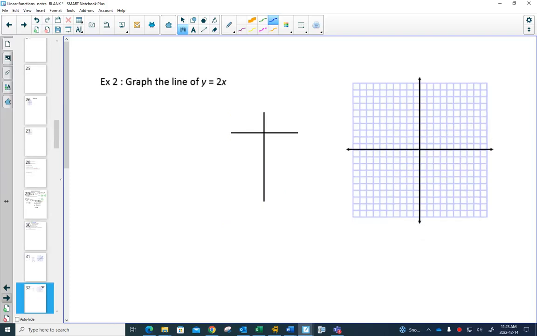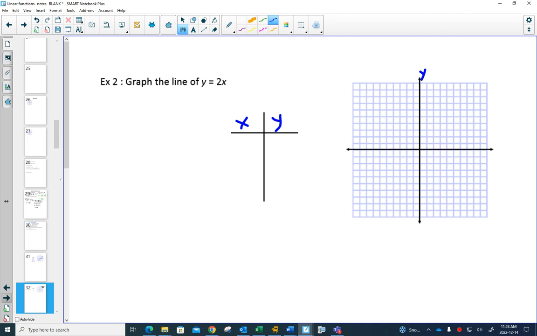Example 2. y equals 2x. Now, a favorite one that is always good to put in a table of values is your y-intercept. You can always find where it crosses the y-axis because you know what the x value is going to be on there.